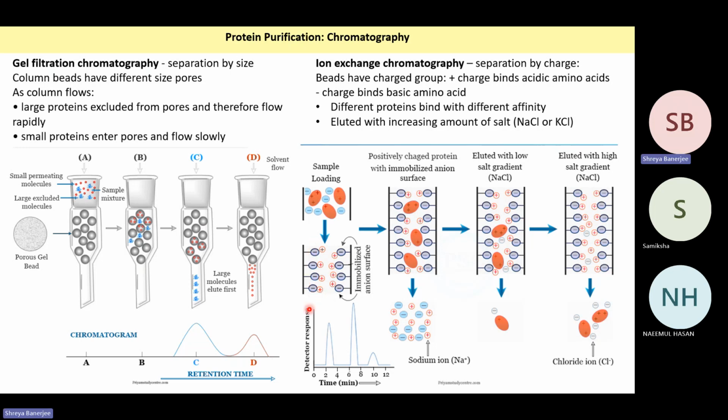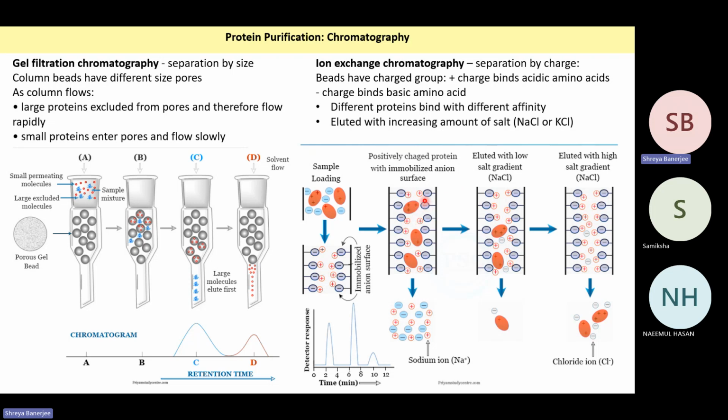Sorry, I heard. So in the column, you can either have negatively charged columns or you can have positively charged columns. In this example, negatively charged columns are there. So when you are adding proteins, suppose you are adding a mixture of positive and negative proteins.